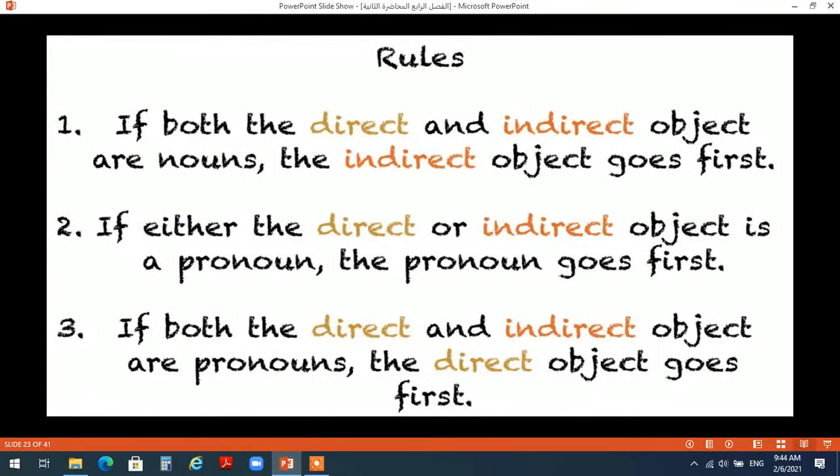The second rule says if either the direct or indirect object is a pronoun, the pronoun goes first. If one of the two objects is a pronoun, whether direct or indirect, the pronoun comes first. The third rule says if both the direct and indirect object are pronouns, the direct object goes first.